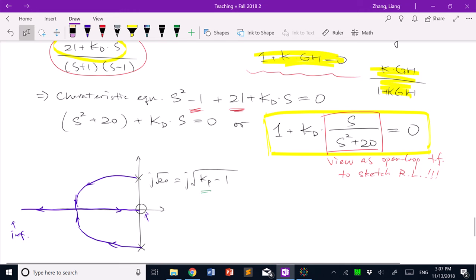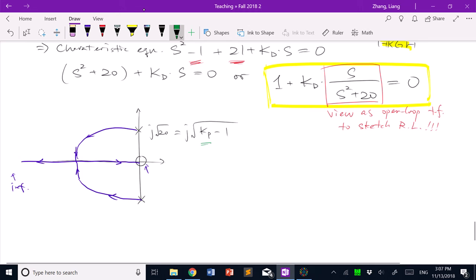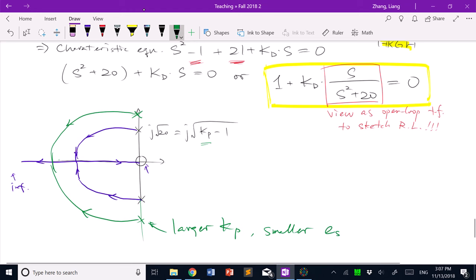If you are going to choose a larger kp, you are looking at the root locus like that. This is a larger kp, meaning smaller steady state tracking error.